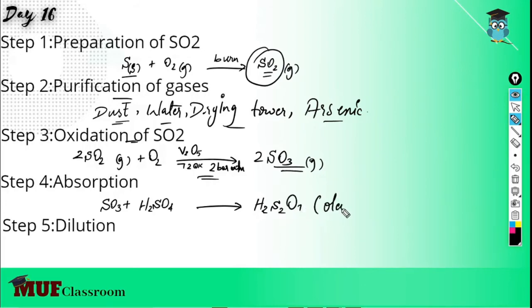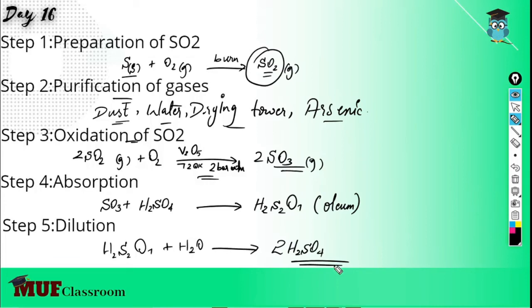This product is called oleum. Now this oleum is hydrolyzed. It undergoes hydrolysis, that is H2S2O7 is passed through hydrolysis, so we get 2H2SO4.